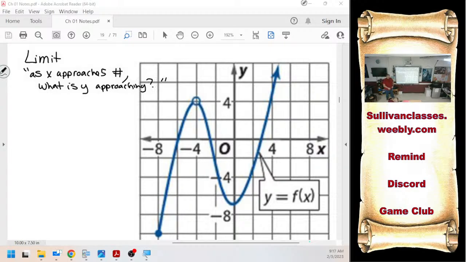That's a limit. As x approaches thing, where is y going? It might not equal this exact value, but y is headed there.